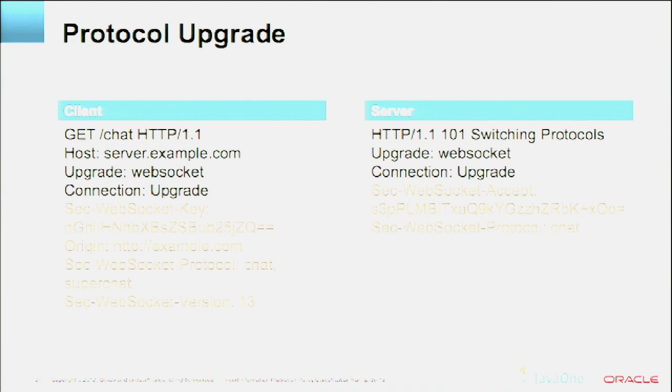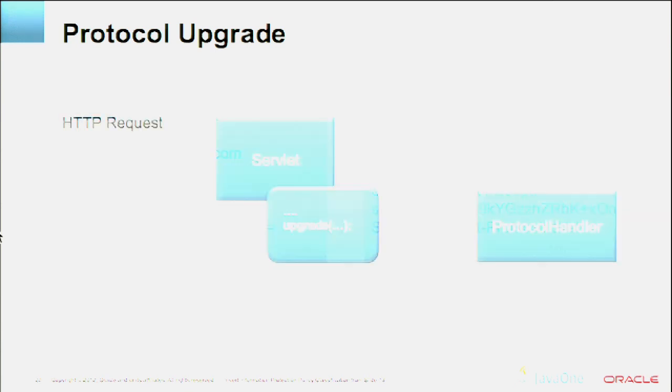So far this is about the handshake. And we will take a closer look at what we can do for the servlet. Basically, what we try to do in the servlet is something like this. When a request comes in, the request will come into the servlet, and the servlet will make its own decision to see whether to upgrade or not.